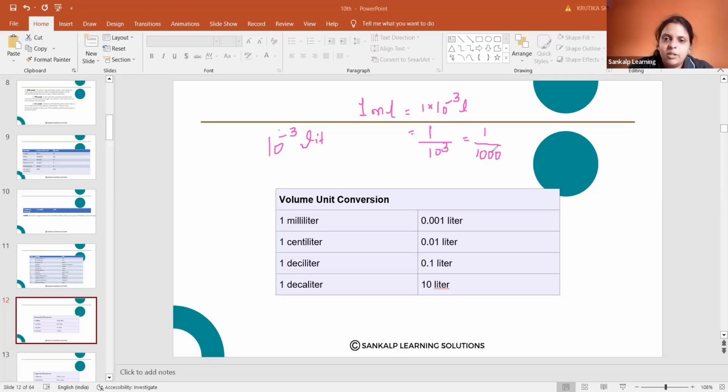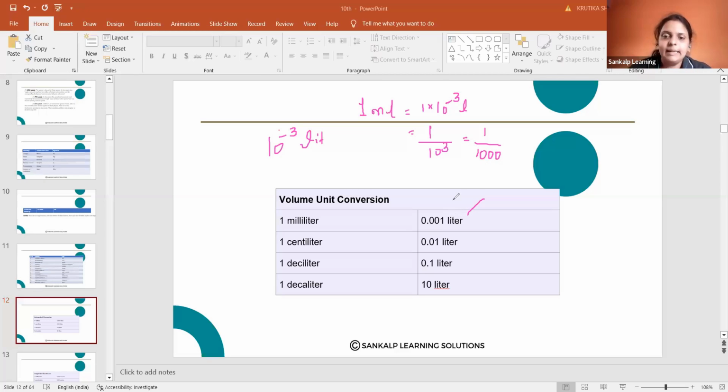So after 1 we write 3 zeros, which means 10 to the power 3 is 1000. So 1 divided by 1000 is 0.001 liter. Always remember, milli means 10 to the power minus 3. So 1 milliliter is equal to 0.001 liter.